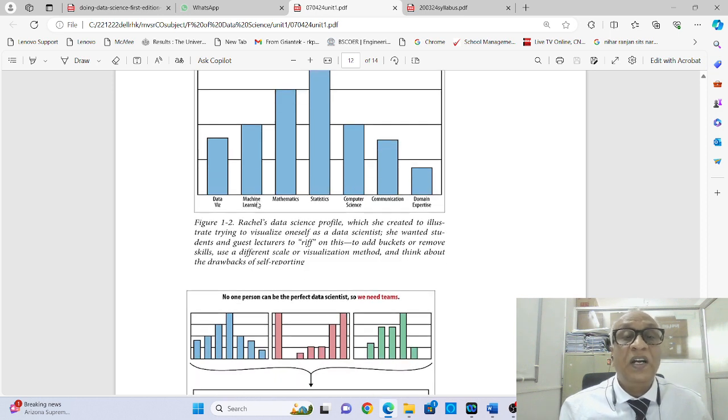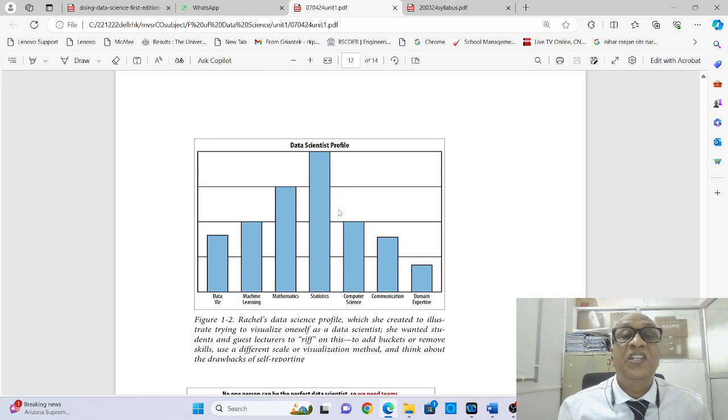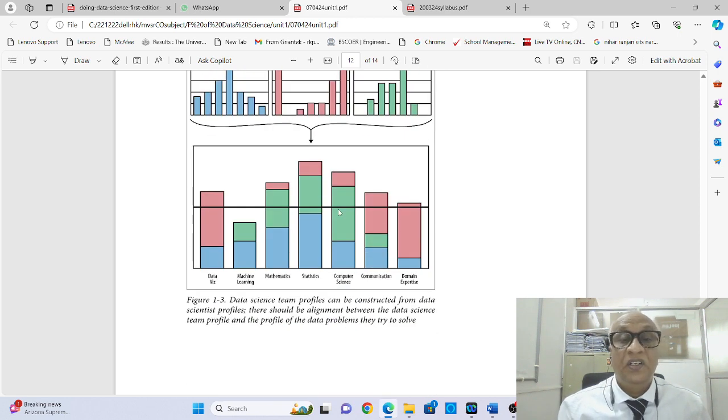Now, a data scientist may not have all these skill sets, or may not have perfection in all of them. So, it is always suggested that a data scientist can be a team, and the data science team can be derived from a data science profile like this. These are the team profiles which are derived from the data science profiles.